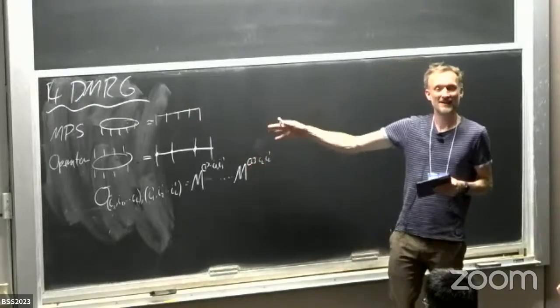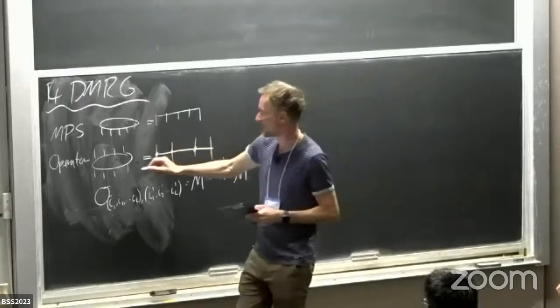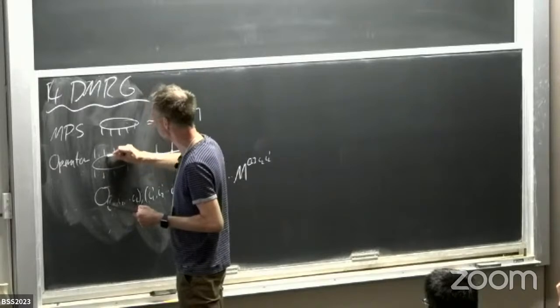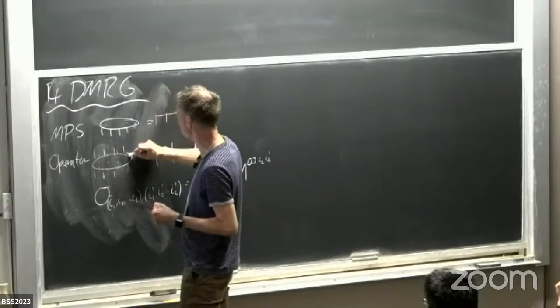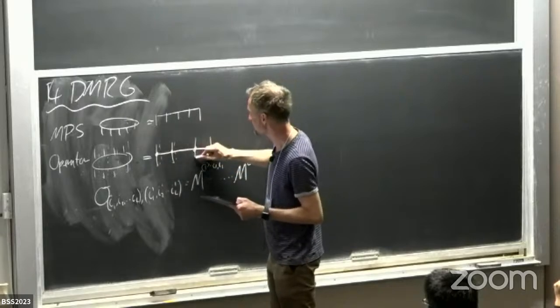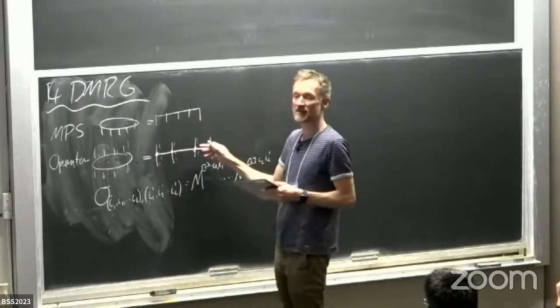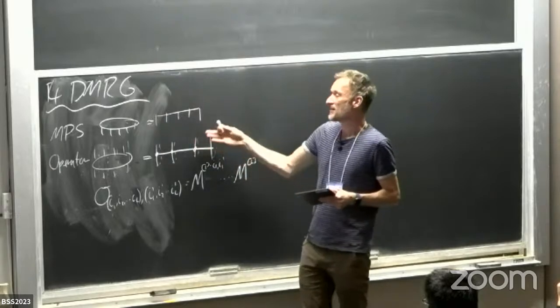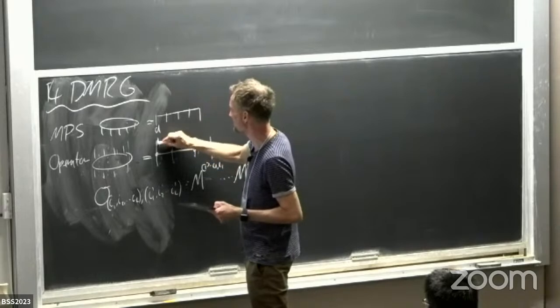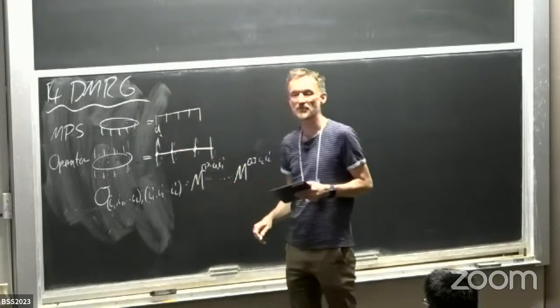In fact, at this level, and I think Saga also mentioned this, if we just bend up these legs, we can see that this is obviously the case, because we are basically turning the operators into states of a larger Hilbert space, where we have here a d-dimensional space, and here we would have a d-squared dimensional space.